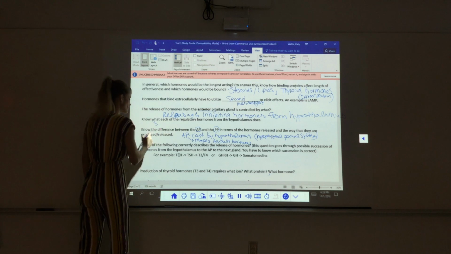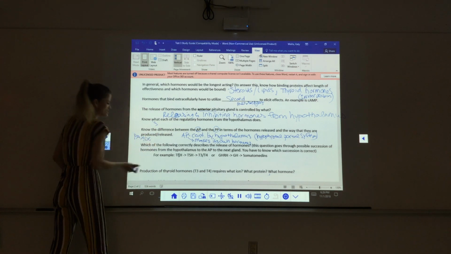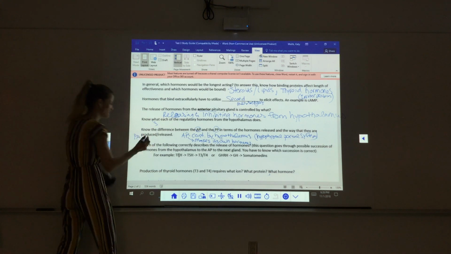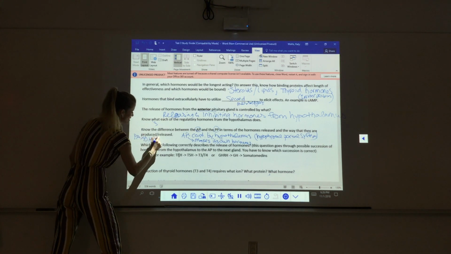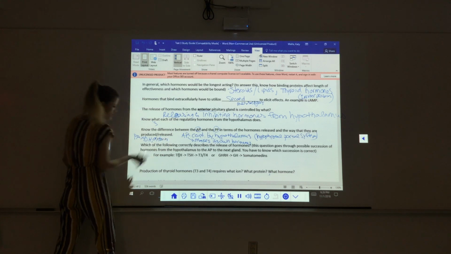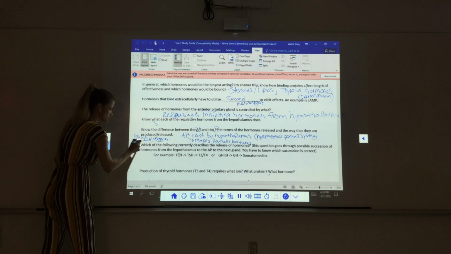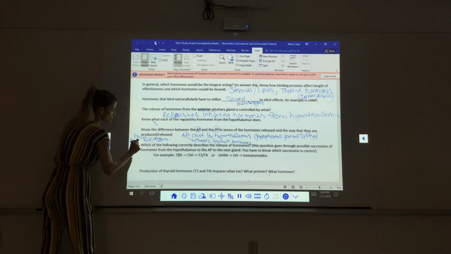Okay, what hormones come from the posterior pituitary? Oxytocin, and what else? ADH. Oxytocin and ADH. So these hormones, ADH and oxytocin, they're actually produced where?